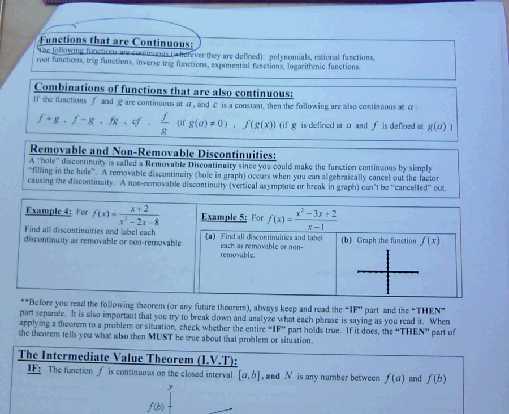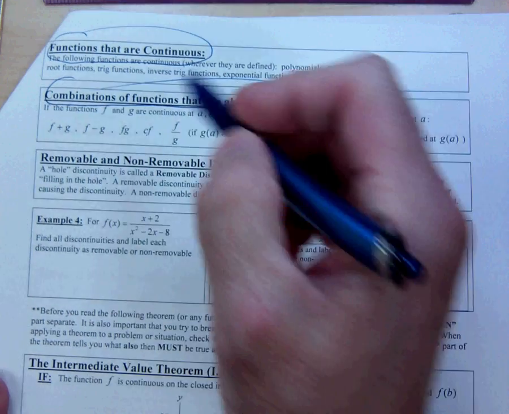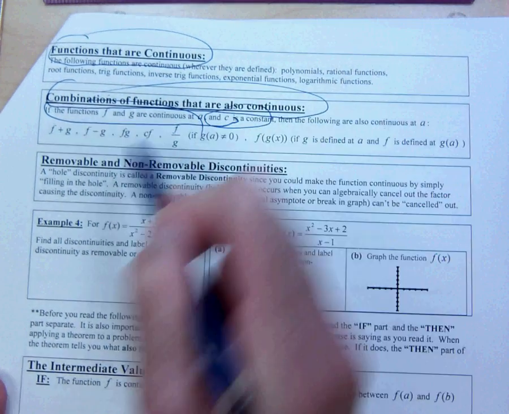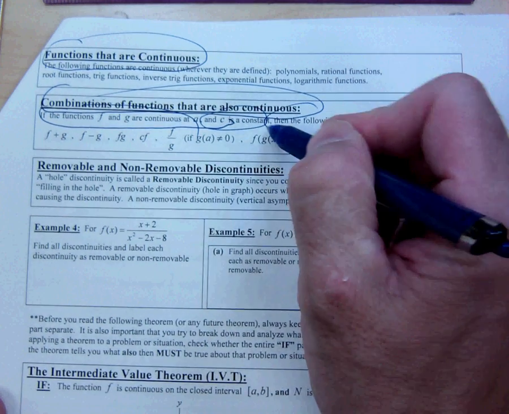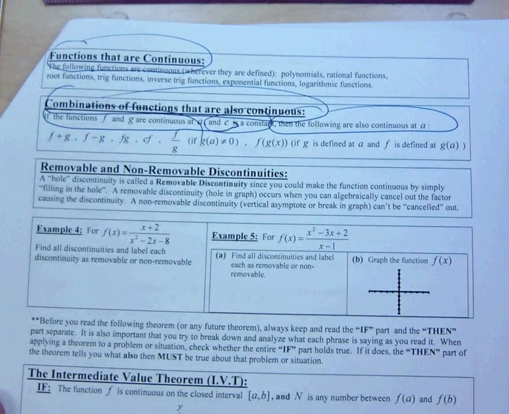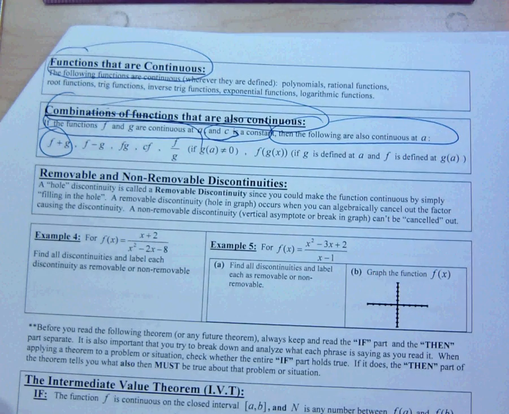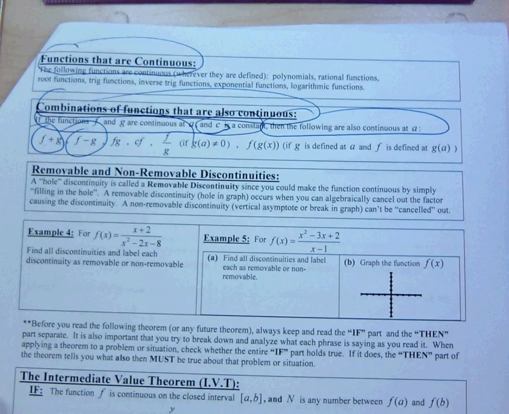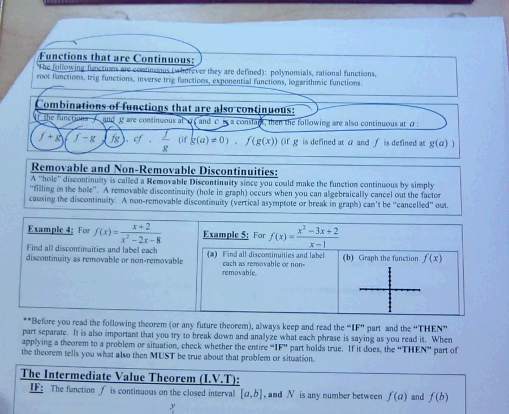All right. How about combinations of functions that are continuous? Well, as long as f and g are continuous at a, and by the way, if I ever talk about c, it is a constant, then the following functions are also continuous at a, right? If you add two continuous functions, you get a continuous function. If you subtract two continuous functions, you get another continuous function. Are you following me? If you multiply two continuous functions, you get a continuous function.